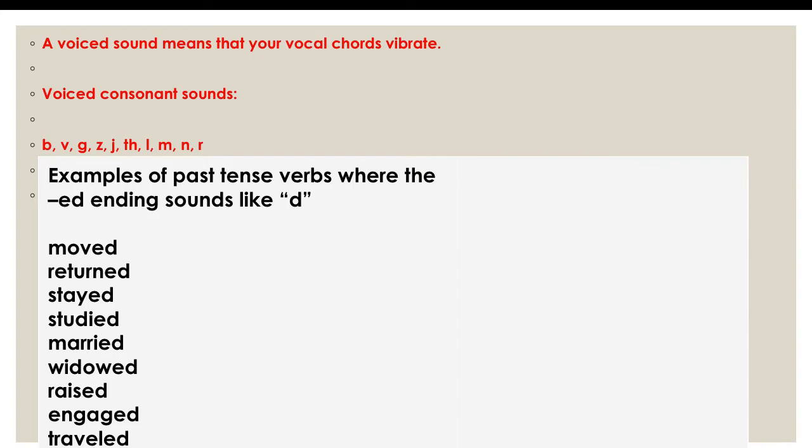Voiced consonant sounds like B, V, G, Z, J, M, N, R. All those sounds are voiced. If you touch your throat, you can do the exercise. Touch your throat while you're saying those consonants, and you will see that your throat will vibrate.